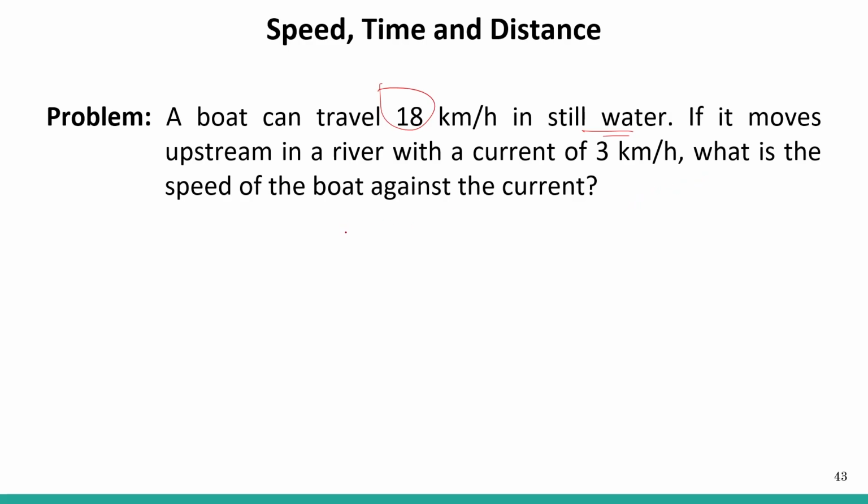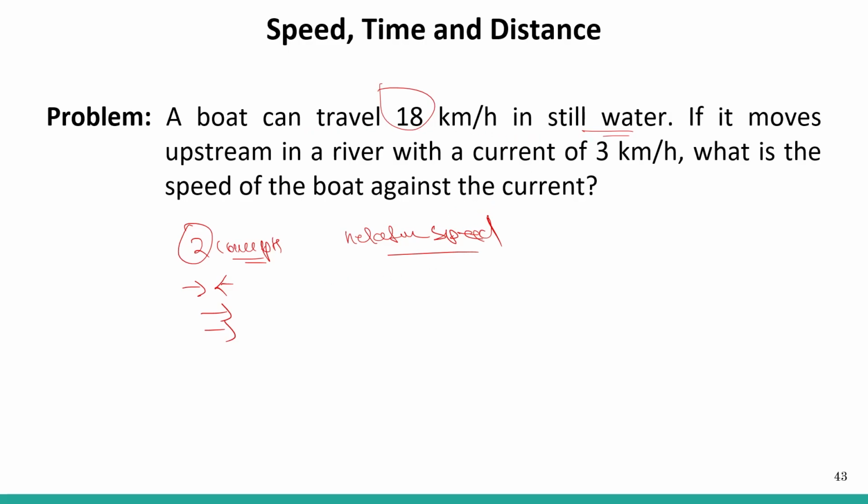So against the current, its speed will be the relative speed. So we know that in relative speed, what we have is only two concepts, right? That is either they are moving towards each other or they are moving with each other or along each other. Okay. So it can travel at 18 km per hour in still water.